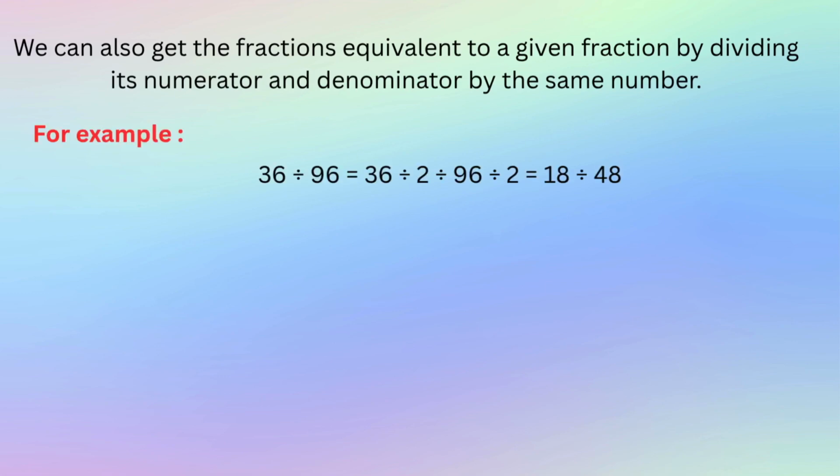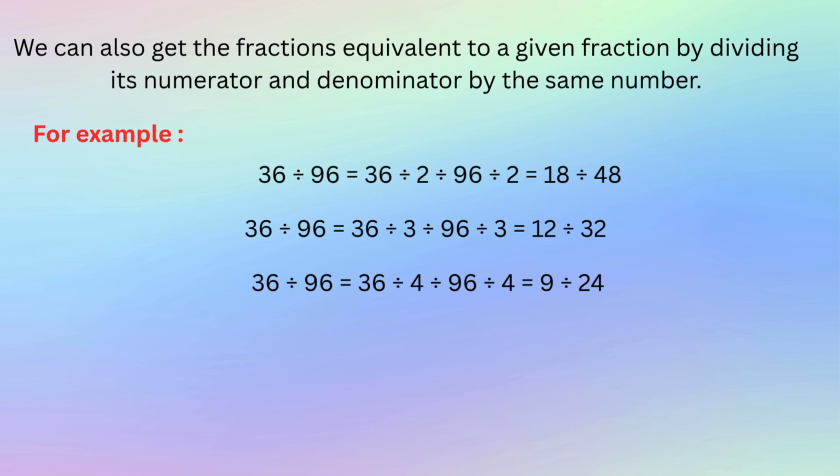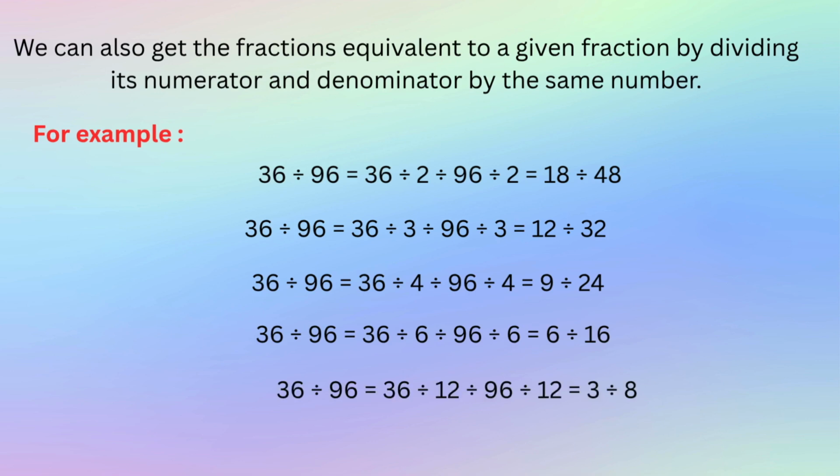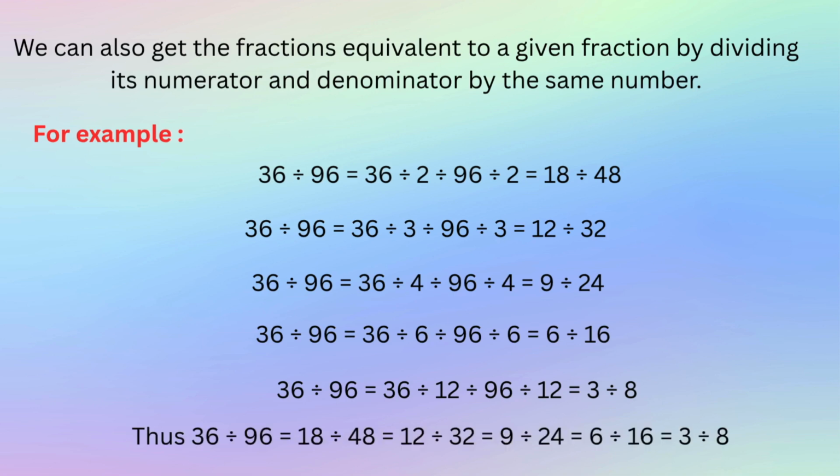For example, 36/96 equals (36÷2)/(96÷2) equals 18/48. 36/96 equals (36÷3)/(96÷3) equals 12/32. 36/96 equals (36÷4)/(96÷4) equals 9/24. 36/96 equals (36÷6)/(96÷6) equals 6/16. 36/96 equals (36÷12)/(96÷12) equals 3/8. Thus 36/96 equals 18/48 equals 12/32 equals 9/24 equals 6/16 equals 3/8.